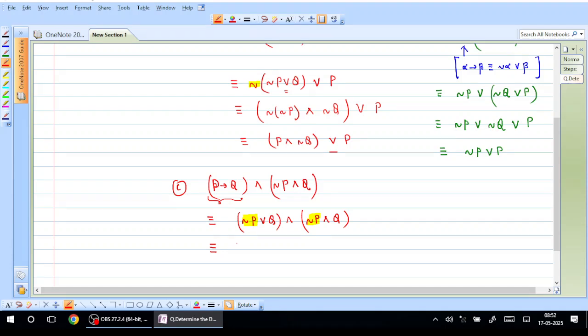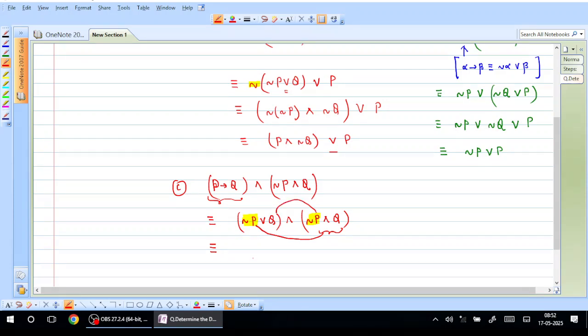If I apply it, this whole part will come here, and it also goes along with Q, right?